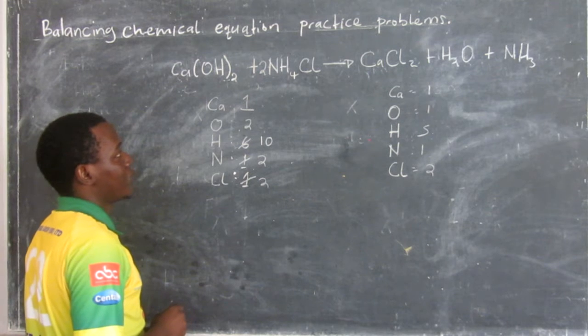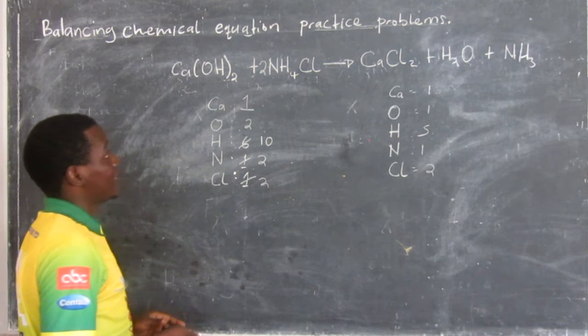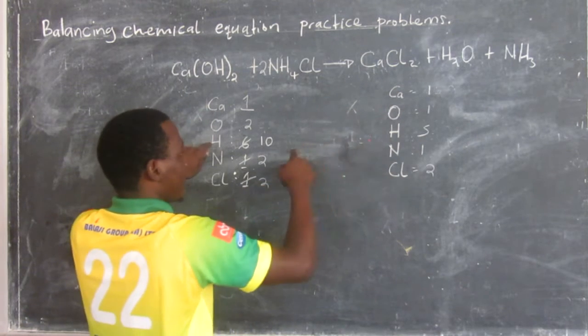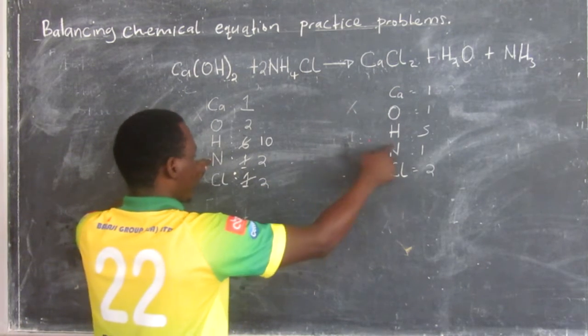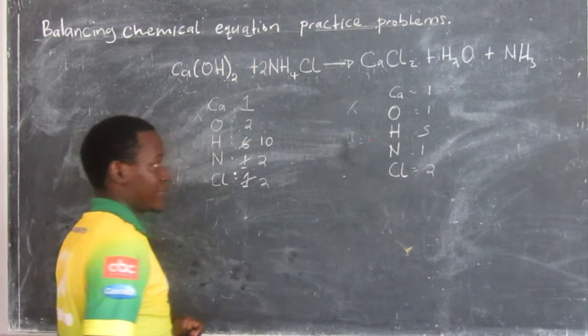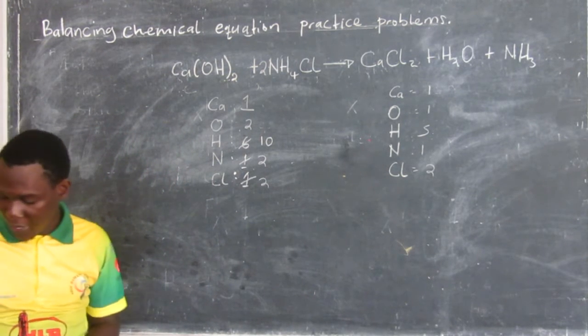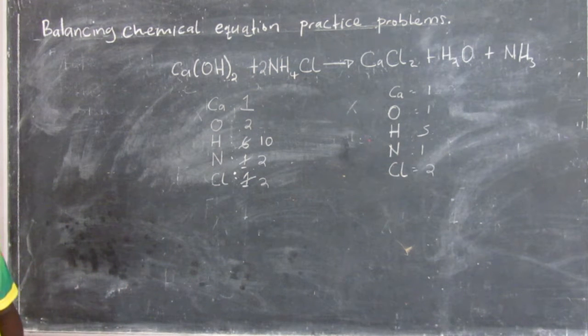Are you seeing that? Meaning that in this case, calcium is balancing, oxygen is not balancing, hydrogen is not balancing, nitrogen is not balancing, chlorine is balancing. Let me see how we can balance.